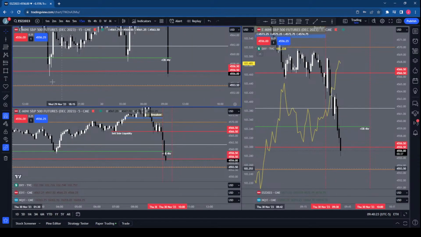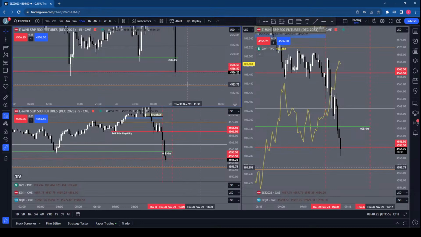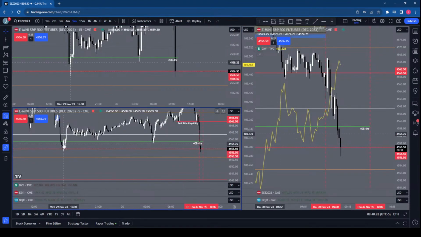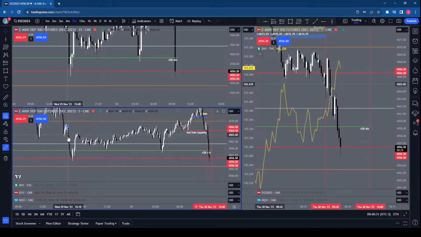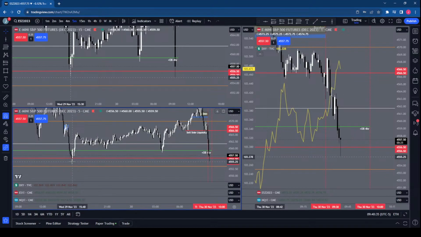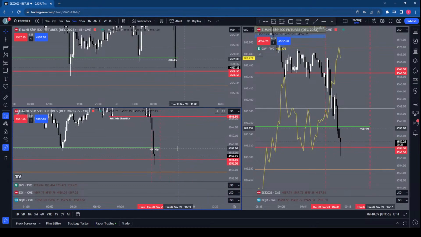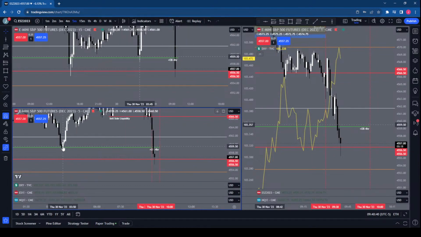I like that we got below both of these lows so aggressively too. But I mean, look at this. See, this was an aggressive run down, and then it just stopped on a dime and came back up. Same right here.